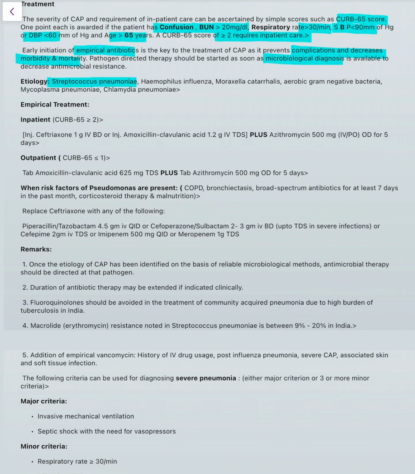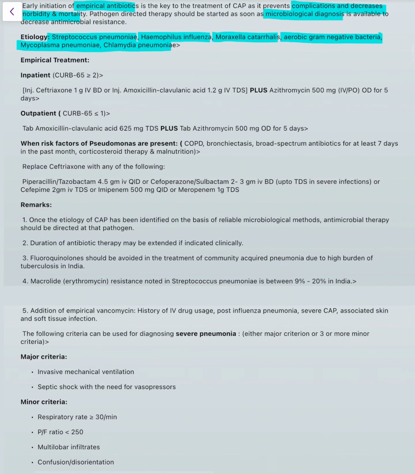Streptococcus pneumoniae, Haemophilus influenzae, Moraxella catarrhalis, aerobic gram-negative bacteria, mycoplasma and chlamydia. So what is the empirical treatment? CURB-65 more than or equal to 2, so we are admitting the patient. Now we have to give IV drugs.